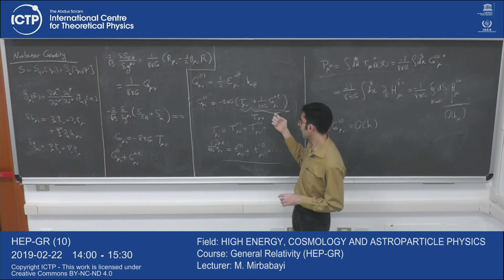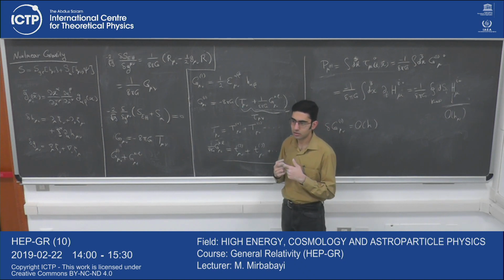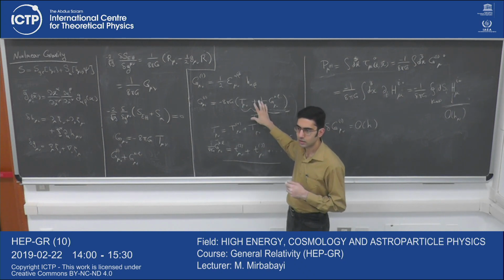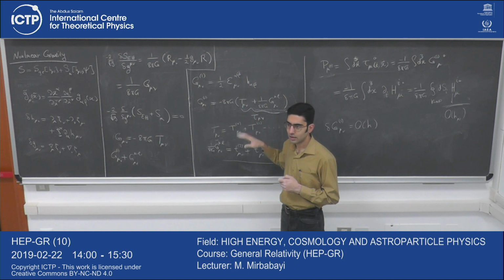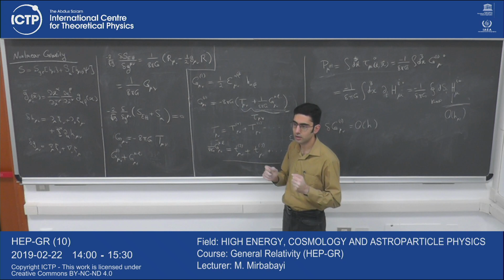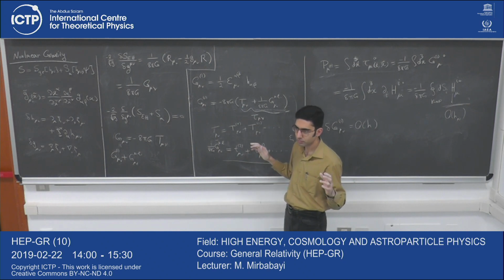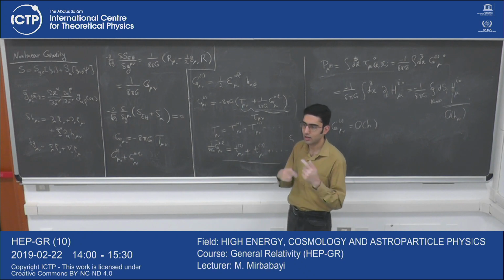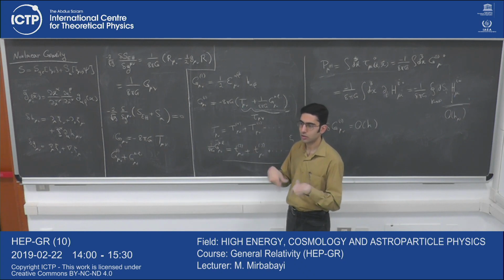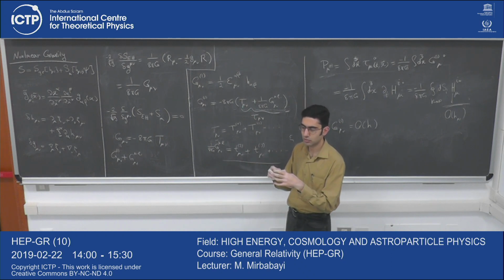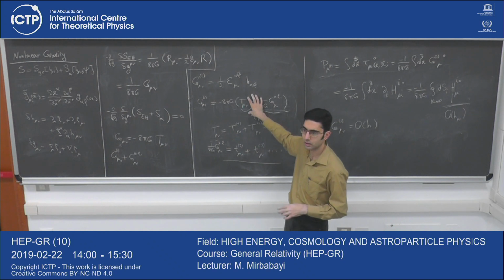Because remember the original logic, we were looking for something that is ordinarily conserved, and that something can be obtained by applying the Noether theorem to the full action. So that was our original hypothetical strategy: to take the action, apply the Noether current, derive whatever conserved energy momentum tensor we have, and put it here.